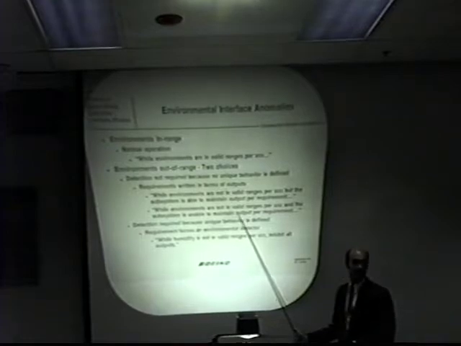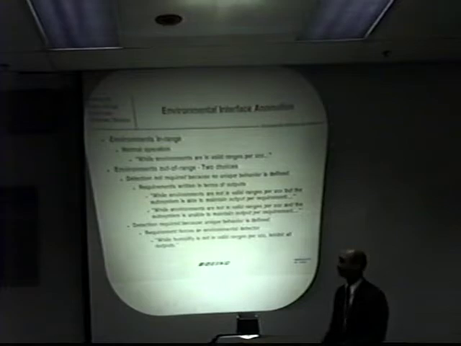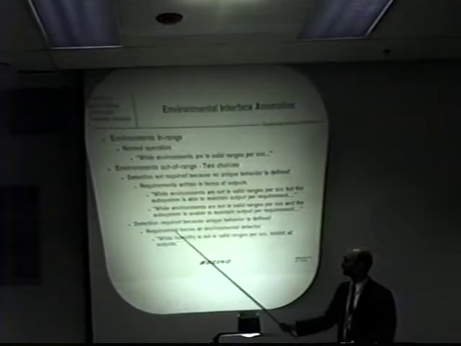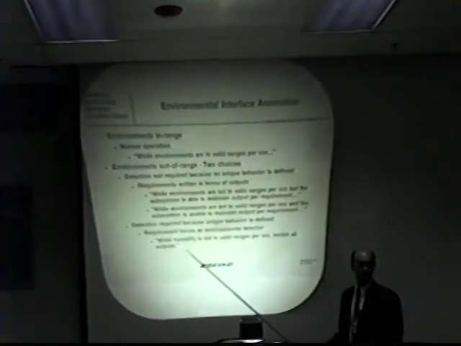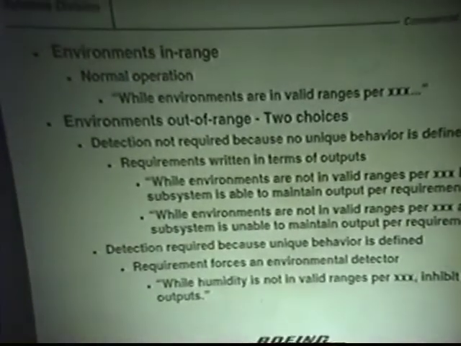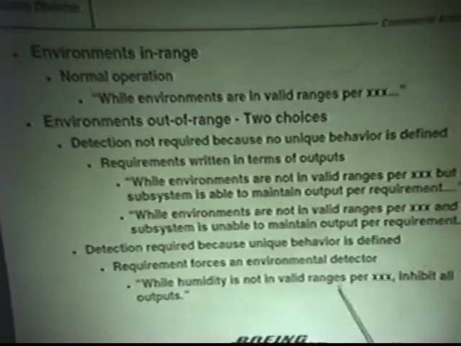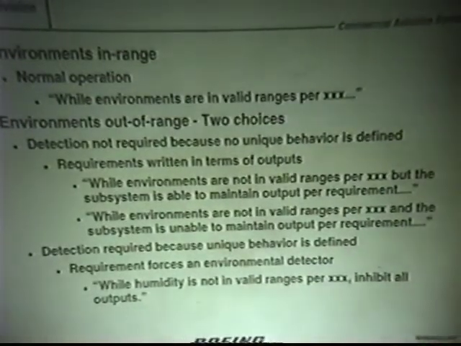Well, the key thing here is you have to be monitoring your output or your outputs to know whether you're operating correctly. There are conditions where you actually want to measure the environment in order to be able to shut down prior to doing something bad on your output. For example, if we look at humidity: while humidity is not in valid ranges, inhibit all outputs.